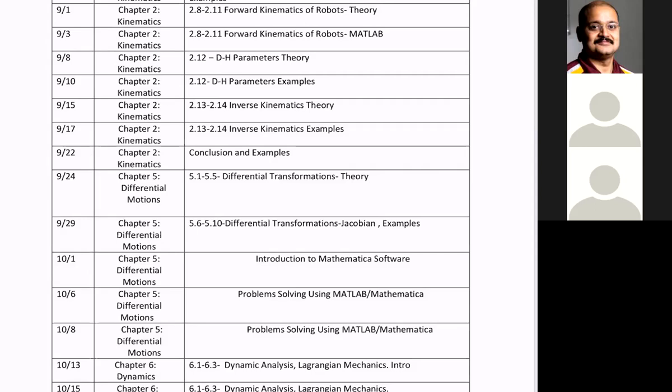So the first class in October will be an entire lesson on Mathematica software, how to use it, and simple applications. After that, we will work out the differential motion or velocity problems using MATLAB and Mathematica. So 2 lessons will be on using Mathematica and MATLAB to solve robot problems.